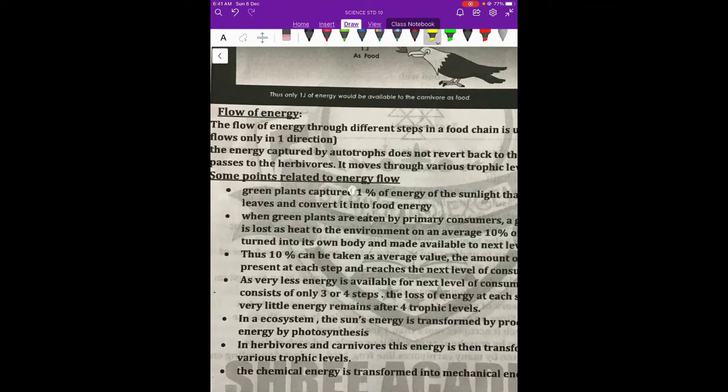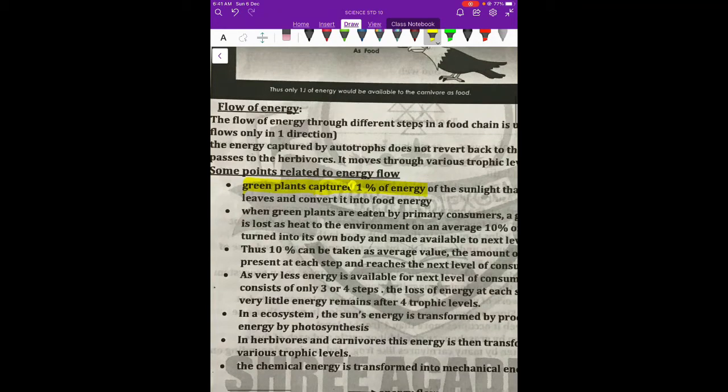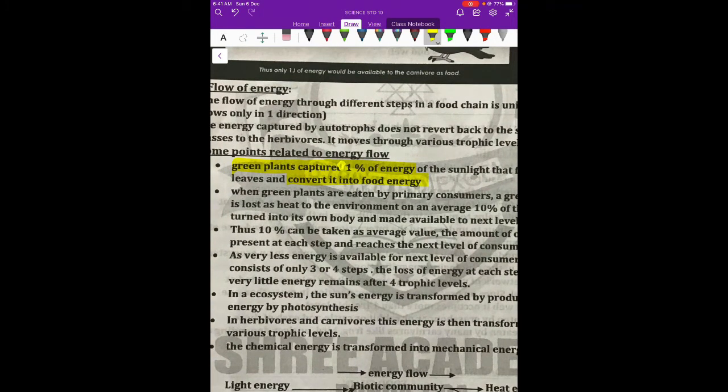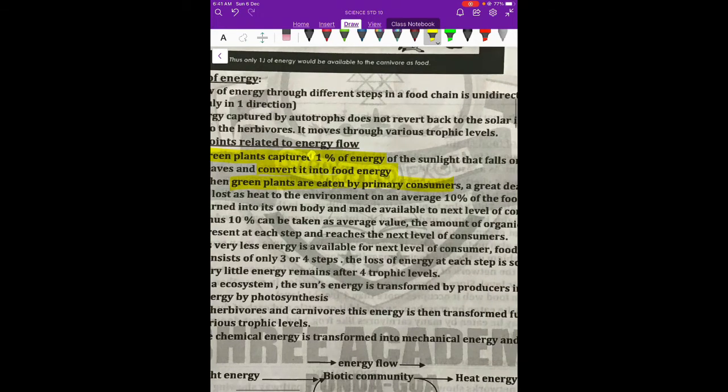The green plants capture 1% of the sunlight and convert it into food energy. This is through the process of photosynthesis. Now when these green plants are eaten by primary consumers, 10% of the energy is transferred on an average to that animal.